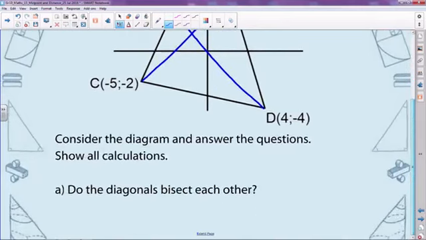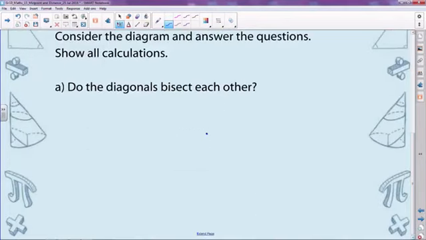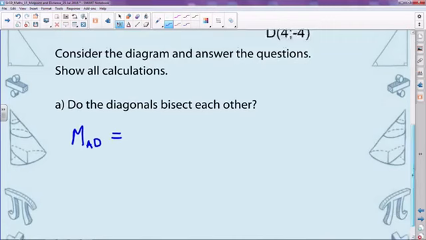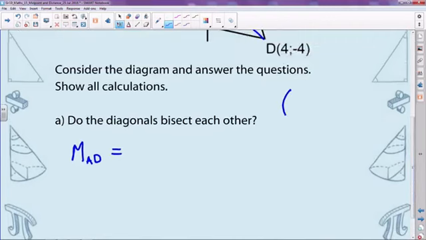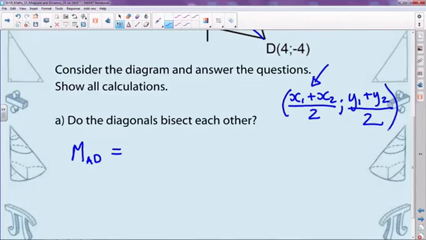I'm going to start with the midpoint, using a big M to indicate midpoint. Remember that the midpoint formula is x1 plus x2 divided by 2, and that's your first calculation. Put the semicolon in to indicate a separate calculation of y1 plus y2 over 2.